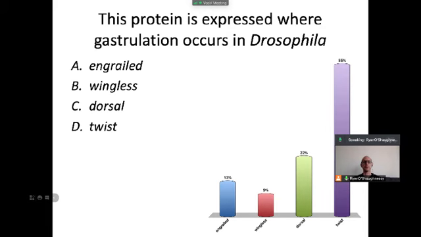Okay, so you may remember, and this is last year's answers, that there was this protein called twist that seemed to be expressed where gastrulation occurs in Drosophila.